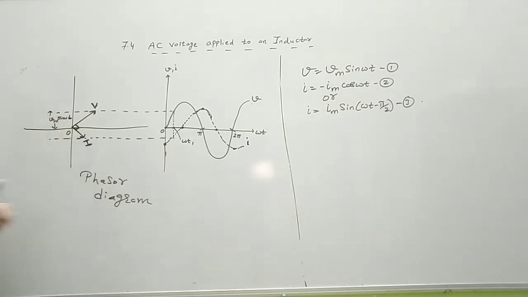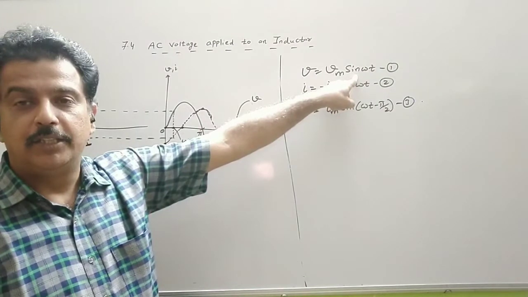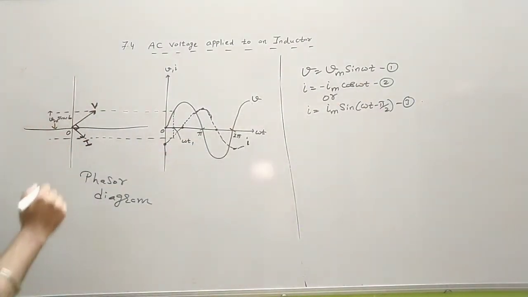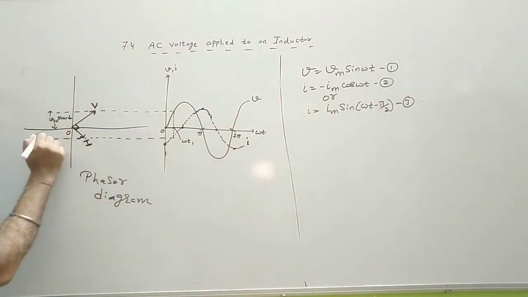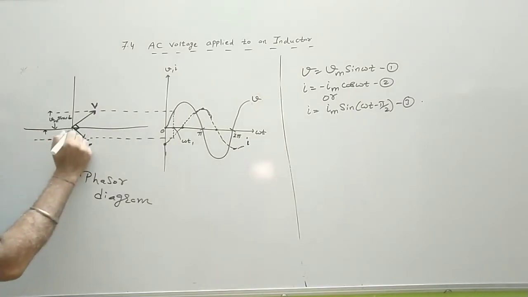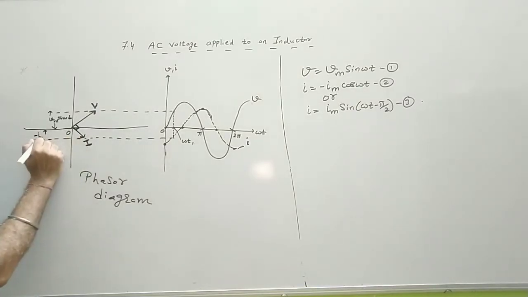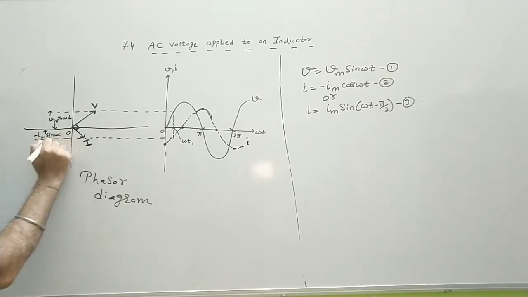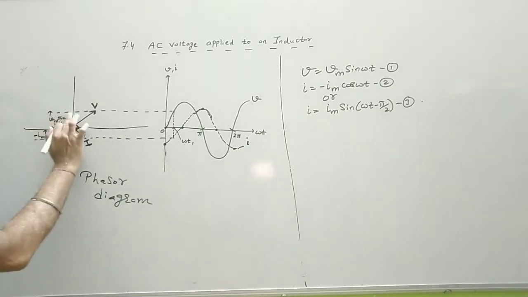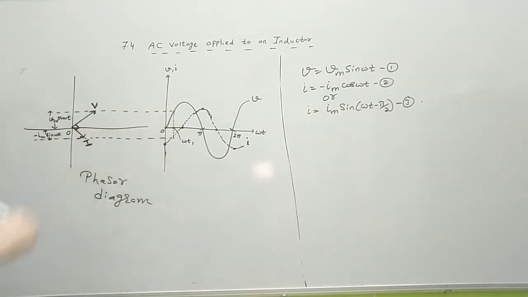So this component is Vm sine of omega t. That is, the vertical component gives you the instantaneous voltage. And this vertical component, because it is along the negative x-axis, we write minus Im sine of omega t, or you can say omega t1 at any instant omega t1. So this is how we draw a phasor diagram where one is sine and the other is the cosine term.